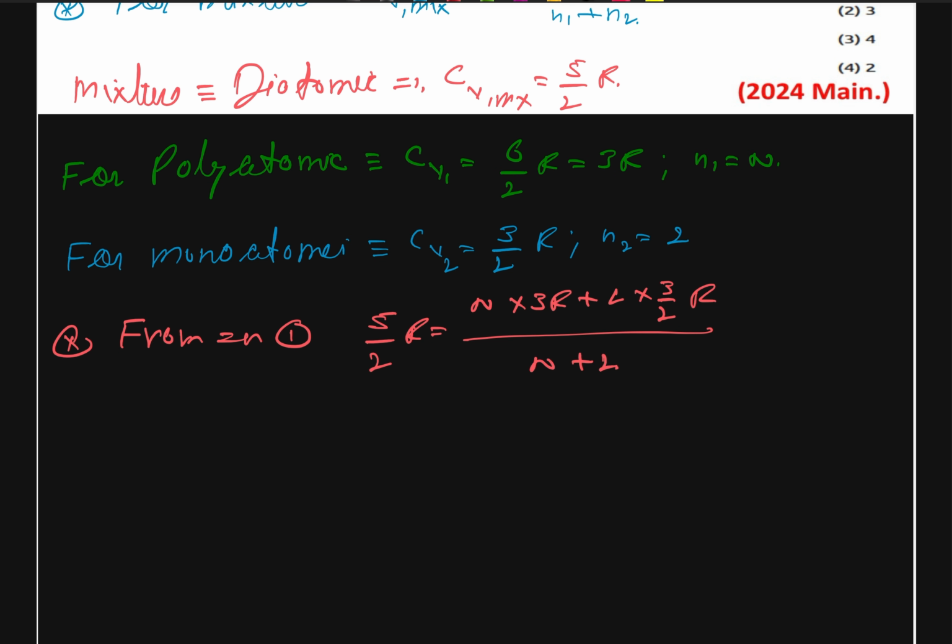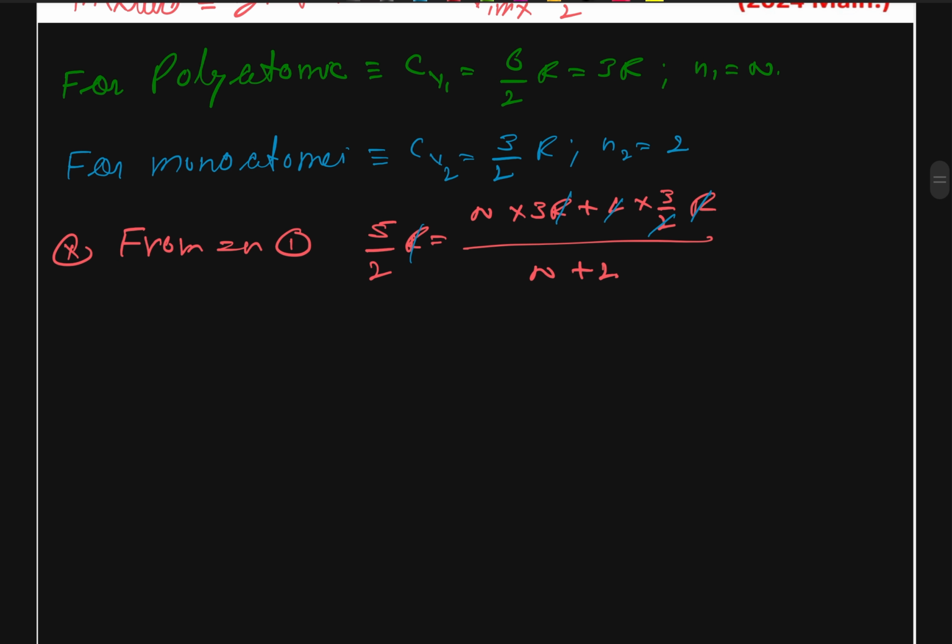Here R cancels out throughout, 2 goes with 2, so we are left with 5 by 2 equal to (3N plus 3) upon (N plus 2).